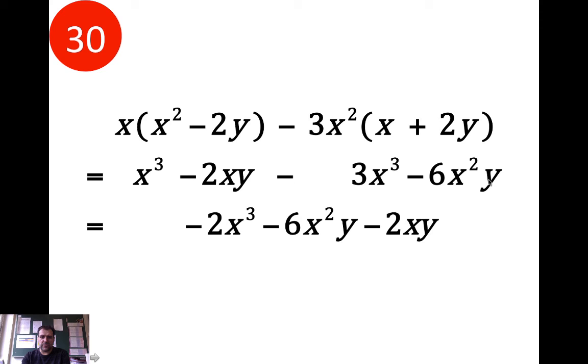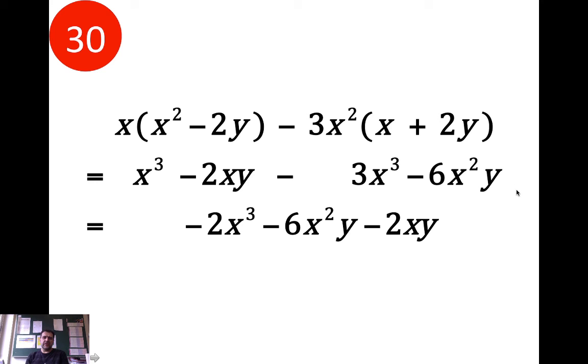The x squared was already there, and the y was there inside the bracket. So minus 6x squared y. So altogether we've got x cubed minus 2xy minus 3x cubed minus 6x squared y.